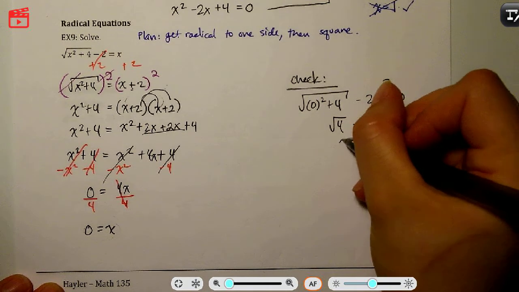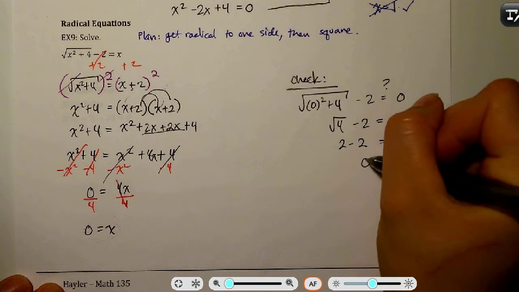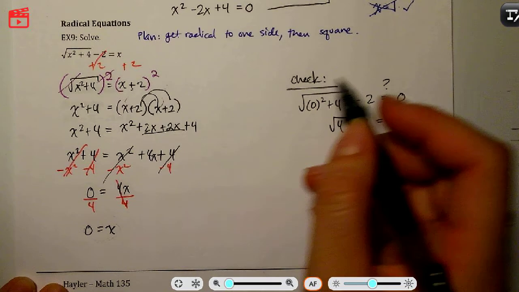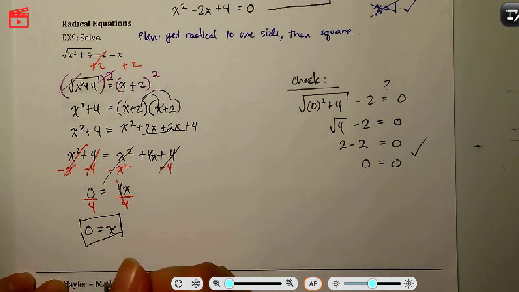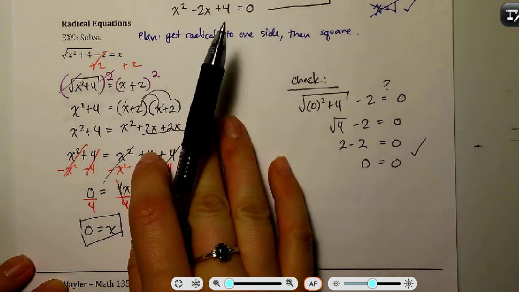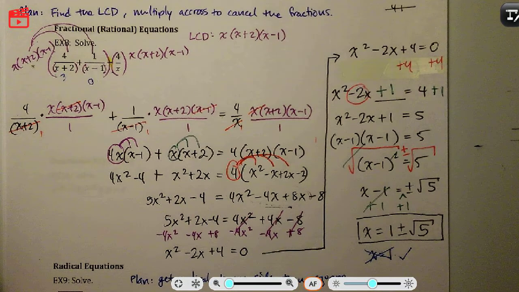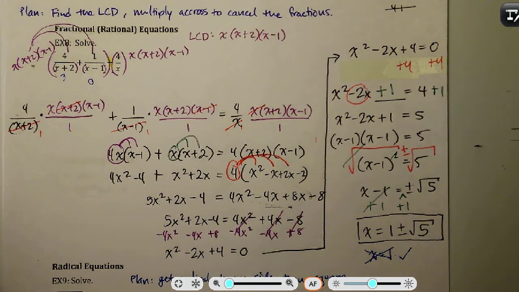Square root of 4 minus 2, that's going to be 2 minus 2. And is 2 minus 2 0? Yep. Okay, so our answer is good. It checks out. Okay, so the time you want to check your answers is when you have that radical going on and when you've got your variables in your denominators, okay? Good times to check.